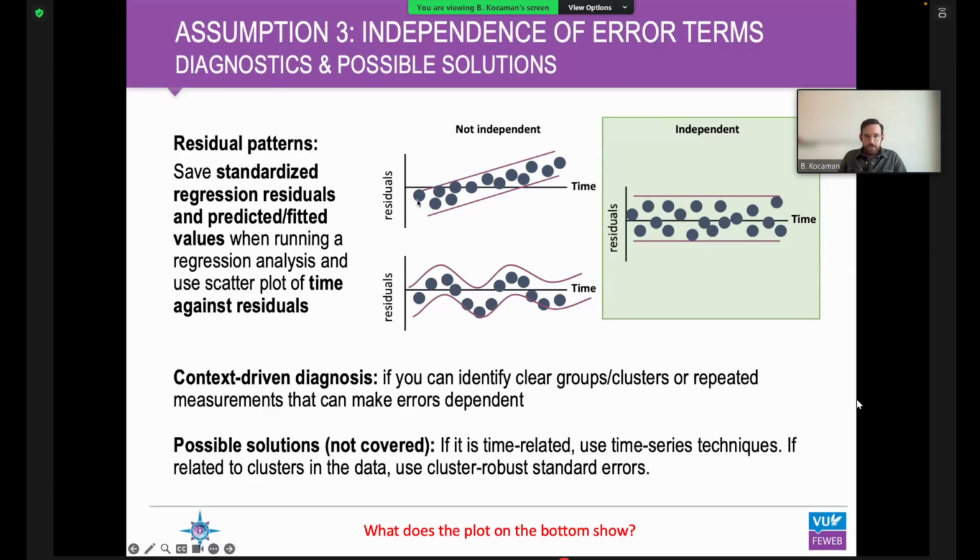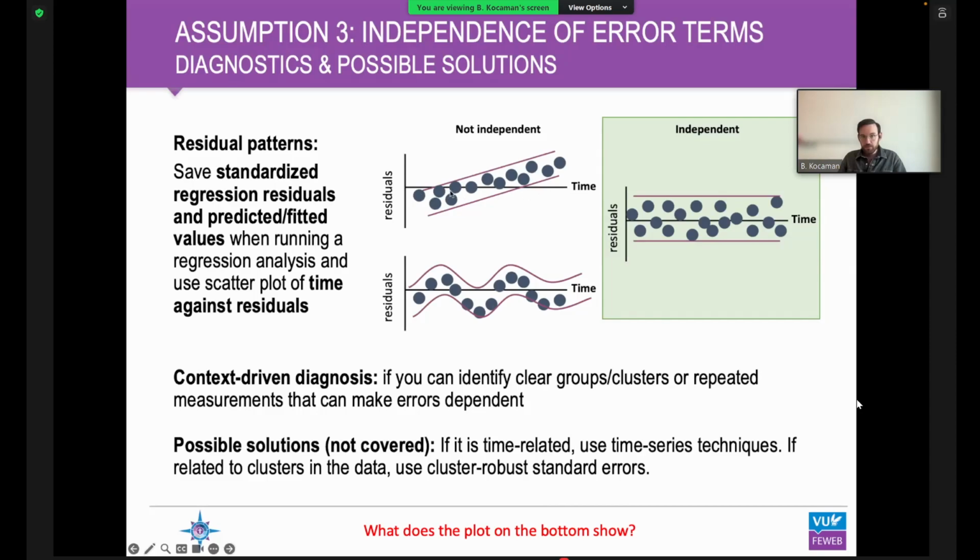The way we can diagnose this is, again, using residuals, but this time we can plot them through time, if we are suspecting that there might be time trends in our data. And then if you look at residuals versus time, it might be that there is a positive trend.